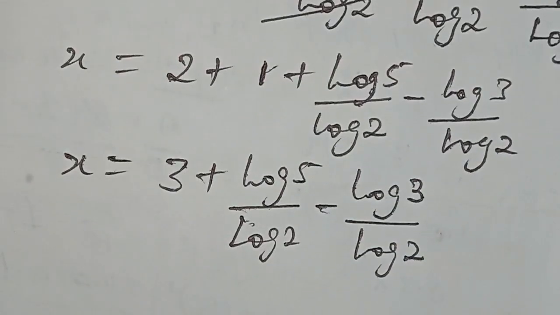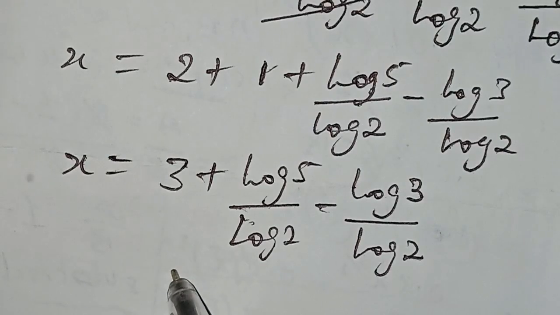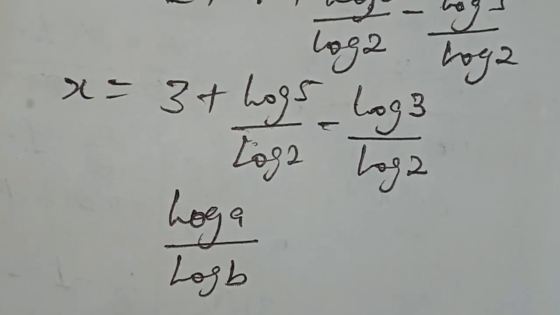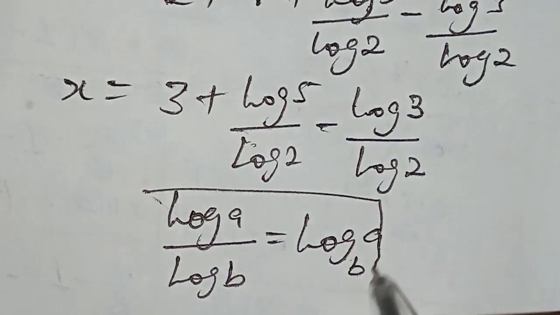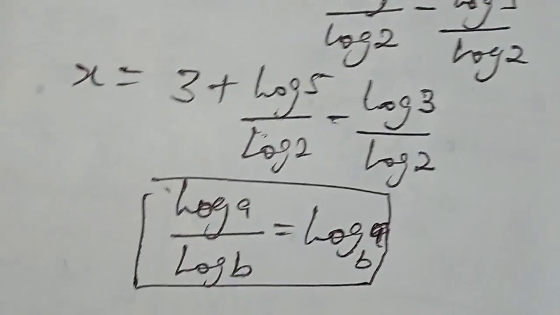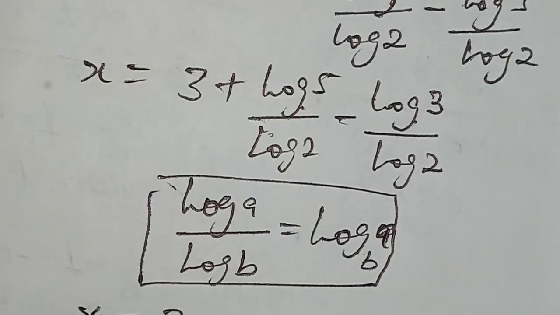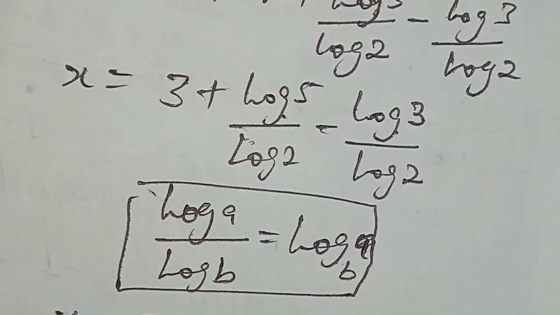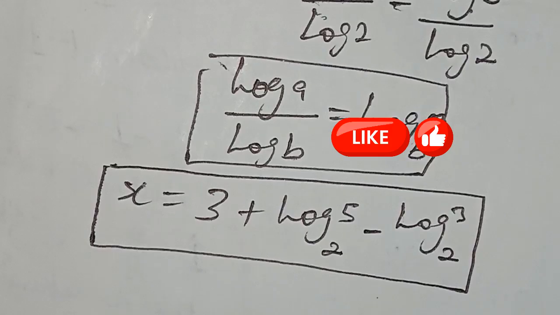Here, we need to simplify this and this using the identity that log A over log B is expressed as log base B of A. So our x now becomes x equal to 3 plus log 5 base 2 minus log 3 base 2. So this is going to be our value of x.